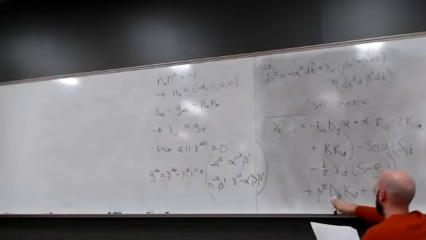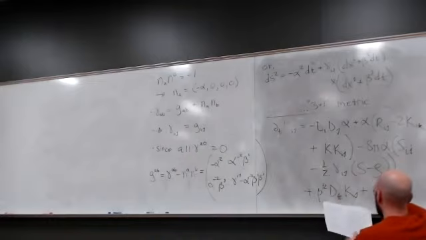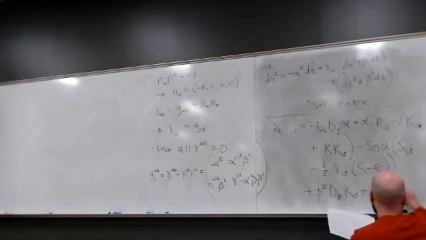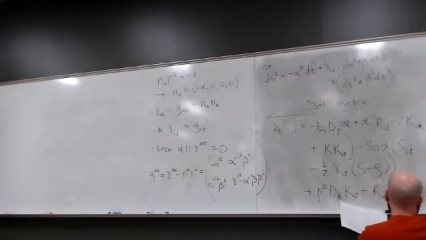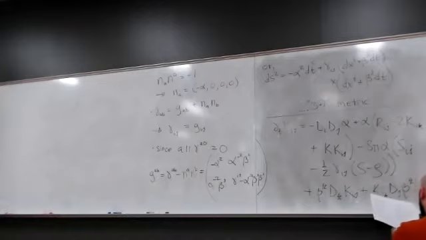Beta^k, spatial derivative k of the extrinsic curvature ij, plus extrinsic curvature ik, spatial derivative along j of beta upstairs k, plus extrinsic curvature kj, spatial derivative along I of beta^k. Can you see that? So that's a long one, but this is the evolution equation now for the extrinsic curvature, purely spatial.